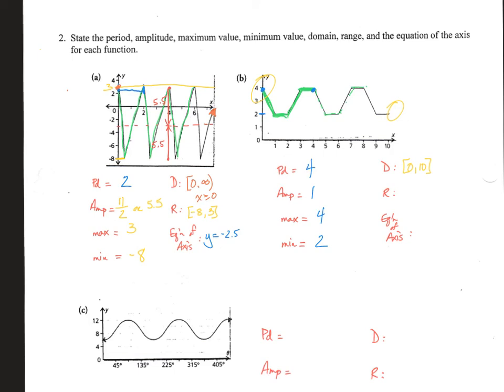My range is going from my max and my min, and so therefore my minimum value is 2 up to a maximum value of 4. The equation of the axis then would tell me go 1 unit, my amplitude, up, or 1 unit, my amplitude, down, and I can pretty easily see that y equals 3 is the middle of my curve.